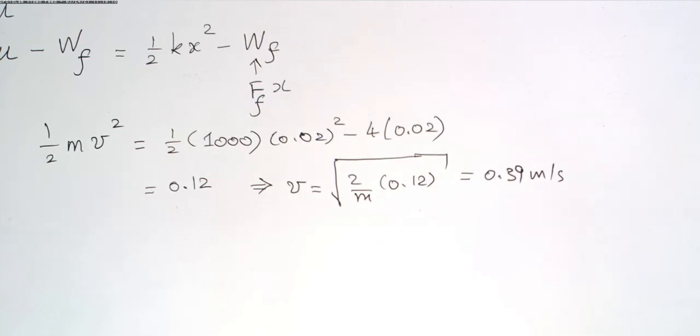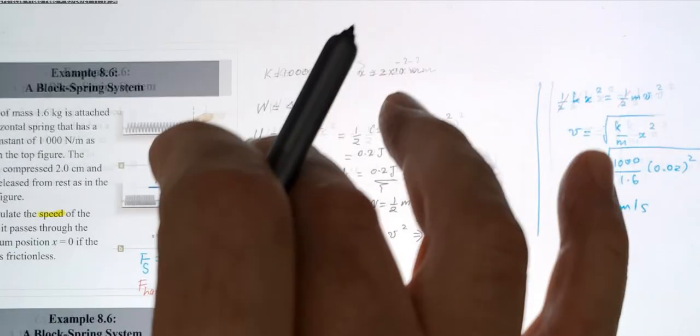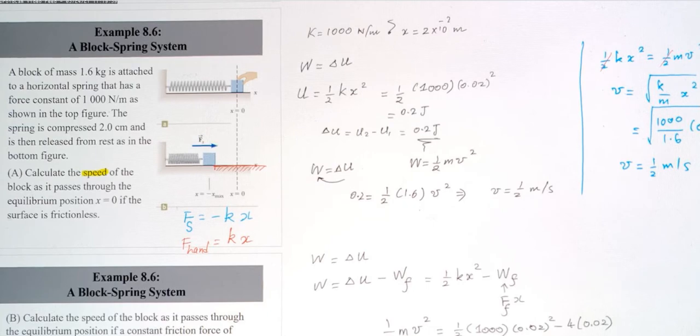Go ahead, Adel. Doctor, just a quick question. Why did we manage to substitute the work with mv squared? Well, because even in part A, we have conservation of mechanical energy. What's the meaning? That means whatever energy we have in the system will be just transferred from one kind to another.